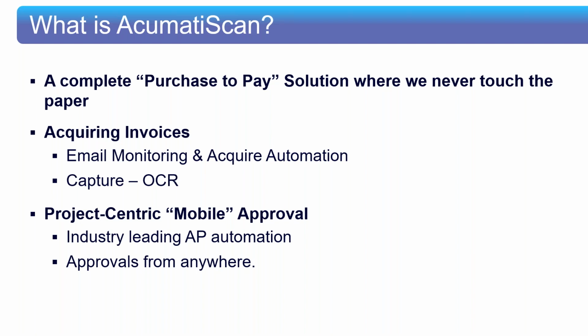And then using capture OCR, optical character recognition, the data entry is eliminated. Other tools such as a project-centric mobile approval application have industry-leading AP automation and approvals from anywhere. Could be on a phone, could be on an iPad, could be on a desktop. It makes no difference.